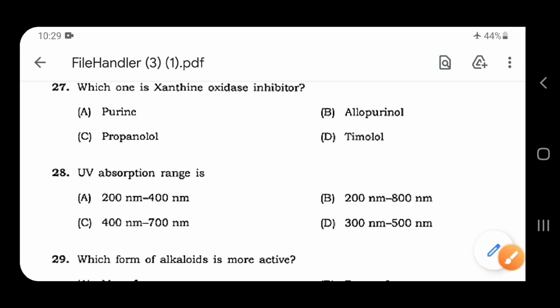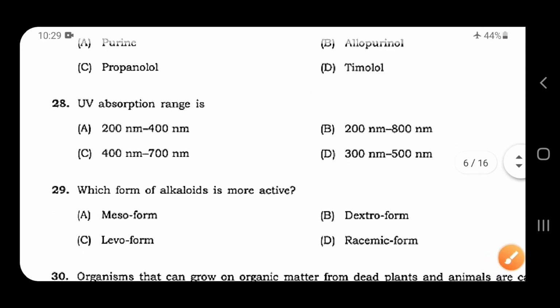Next is question number 28. UV absorption range is: 200 to 400 nanometer, 200 to 800 nanometer, 400 to 700 nanometer, 300 to 500 nanometer. Here UV region is 200 to 400 nanometer.